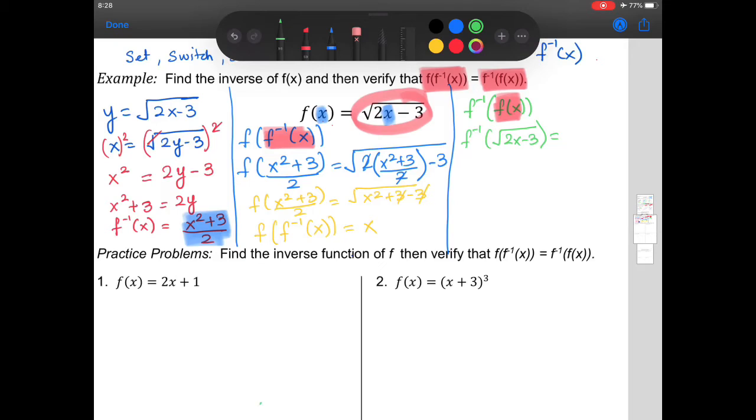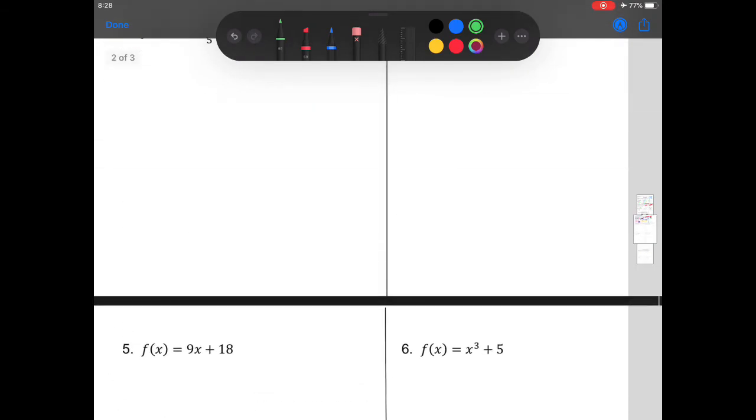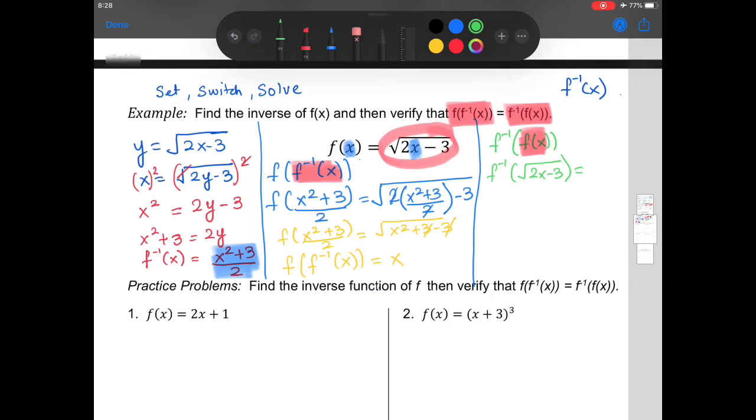So go to your f inverse function, and wherever you see x, you're going to substitute it with square root of 2x minus 3. So I have square root of 2x minus 3, squared. That's what I'm writing, plus 3. I can't write here, so I'm going to erase this and write it a little tinier.